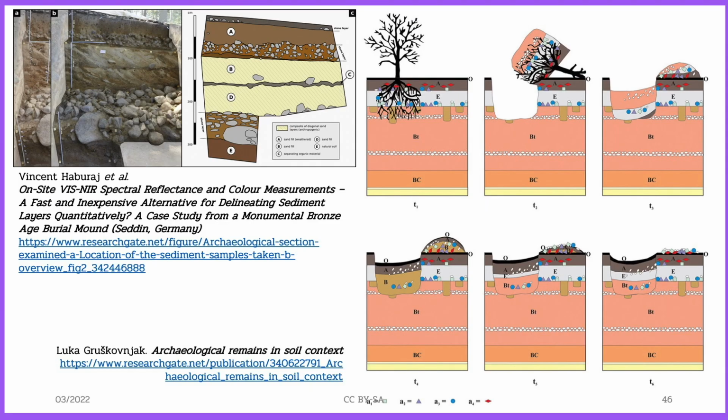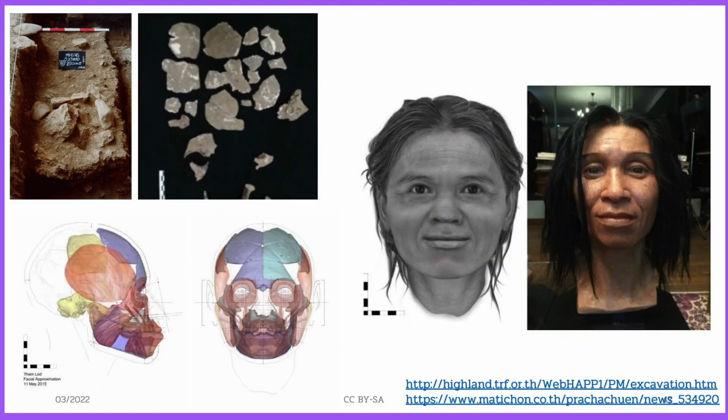Or record archaeological evidence found from excavations in the soil layer along with the context of the environment, which can be used to study and interpret the site information process. Another example is the Highland Archaeological Project by Professor Lasmi Chusongdet.